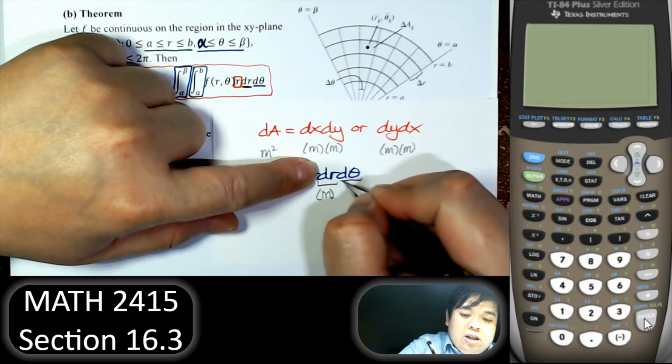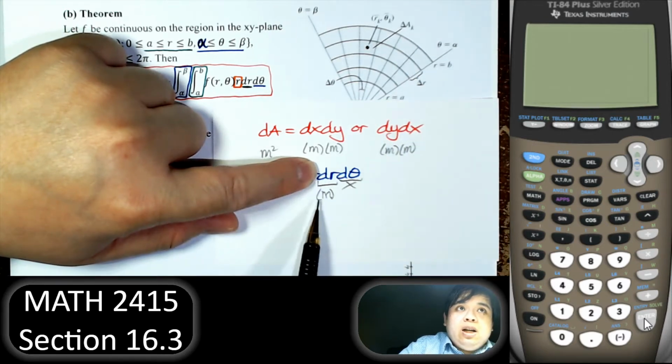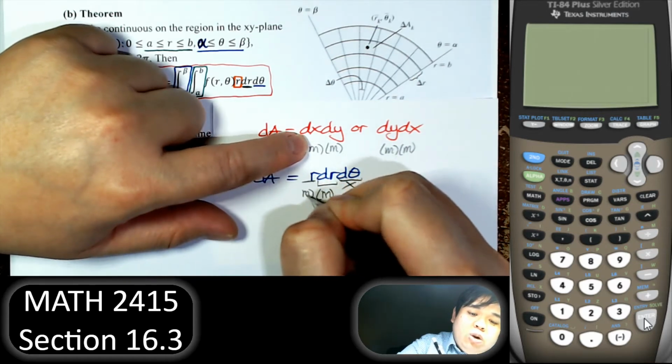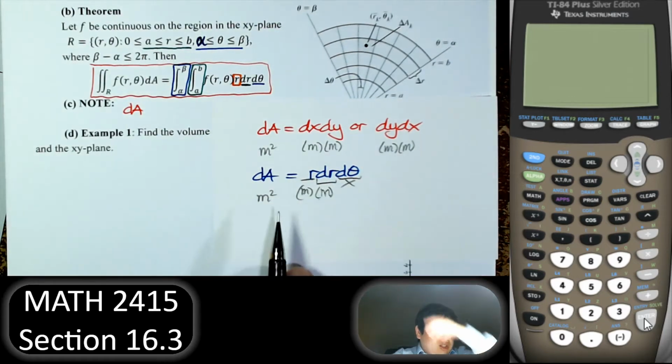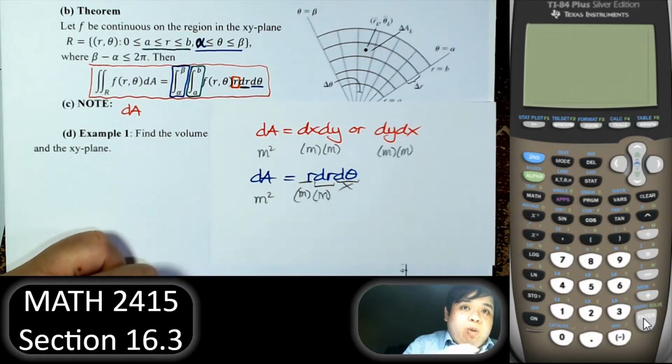Theta, an angle, has no unit. So if we don't have r here, the unit is just m, which is wrong. What we have instead is r times dr, whose unit is meter times meter, which is meter squared. So we need r there for the unit to work.